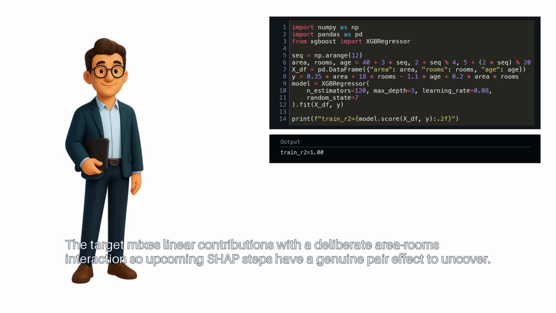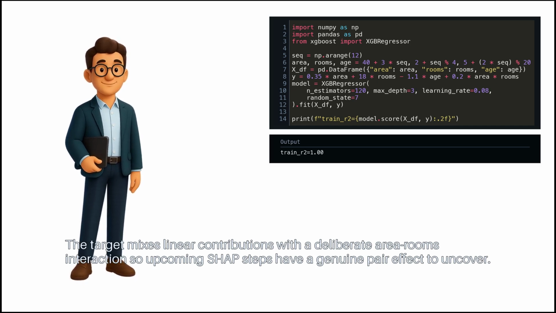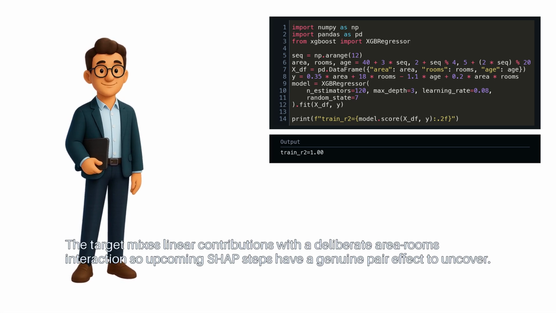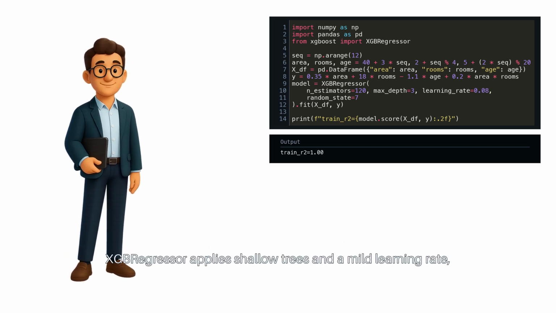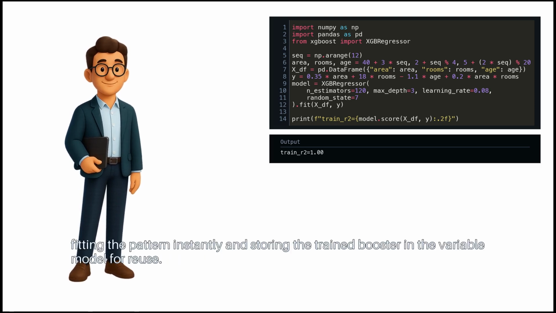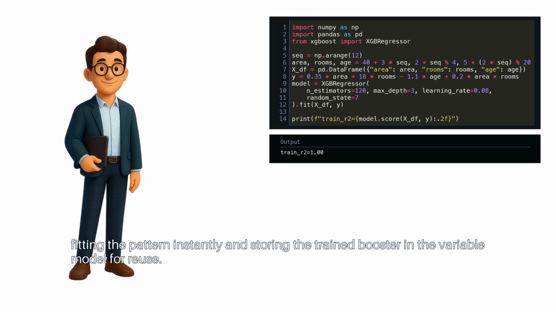The target mixes linear contributions with a deliberate area-rooms interaction, so upcoming SHAP steps have a genuine pair effect to uncover. XGBRegressor applies shallow trees and a mild learning rate, fitting the pattern instantly and storing the trained booster in the variable model for reuse.